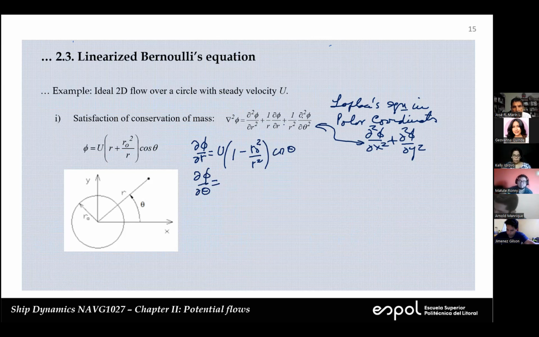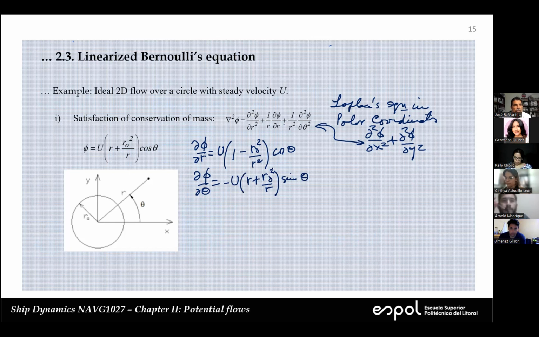So I need one of these. Ms. Astudillo, do you have it? The first derivative with respect to theta. Yes, doctor, I have it: minus U times r plus r0 squared over r, times sine theta. Thank you.